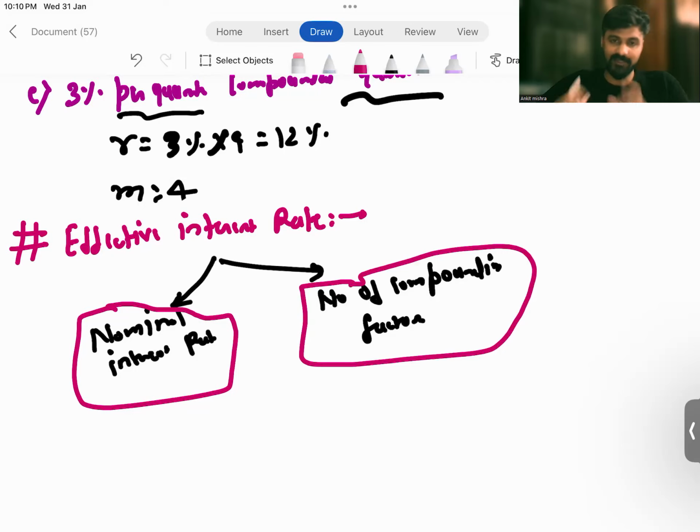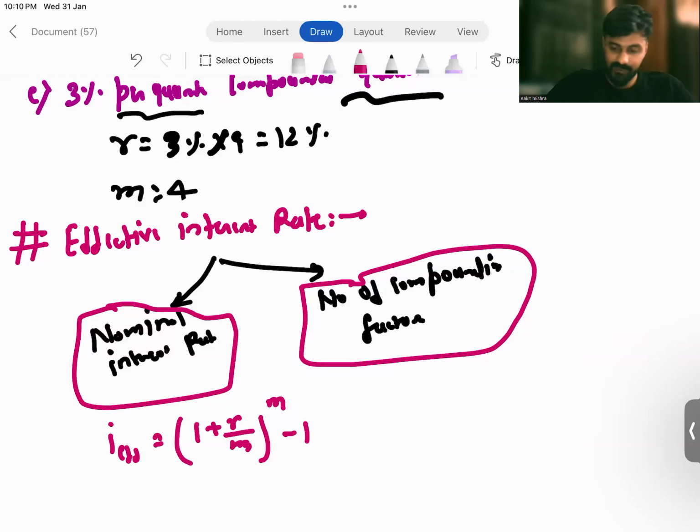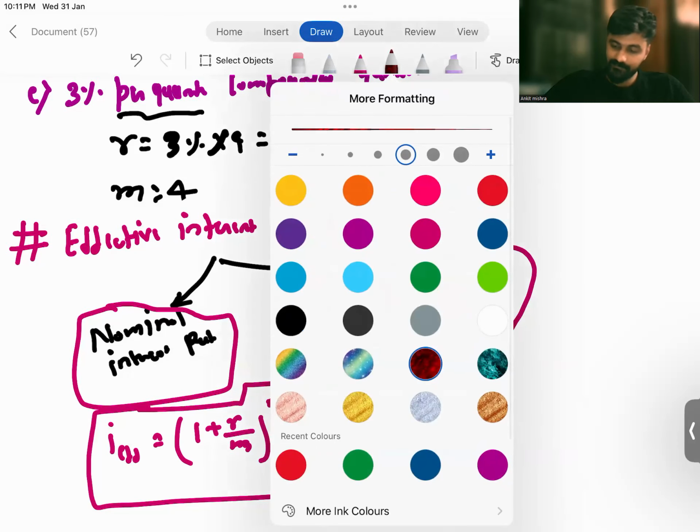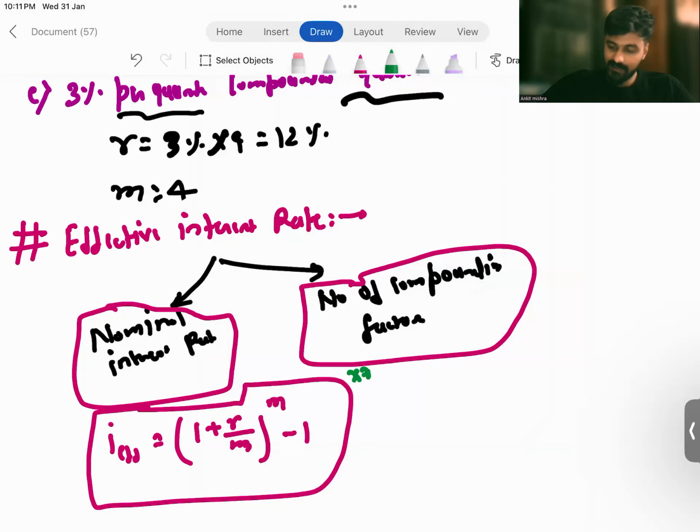So I'll be including these two factors in the effective interest rate. The effective interest rate formula is equal to (1 + r/m)^m − 1, right? From the formula, you can see that r is your nominal interest rate and m is your number of compounding.